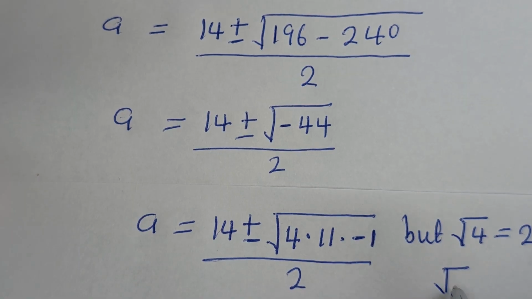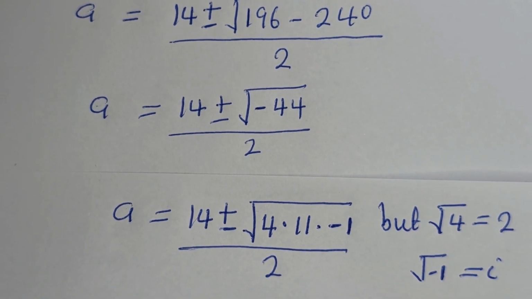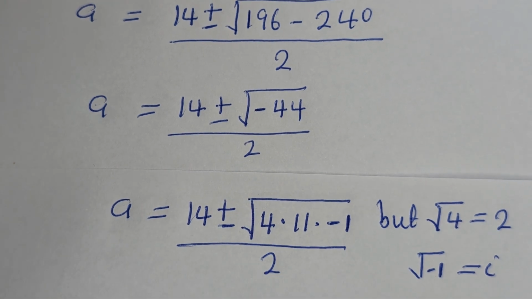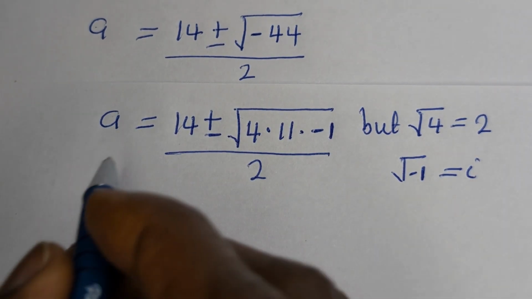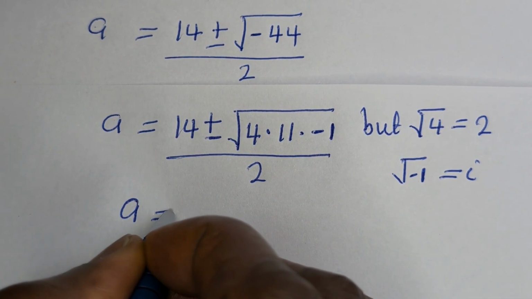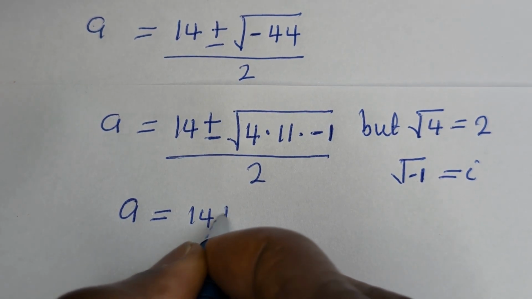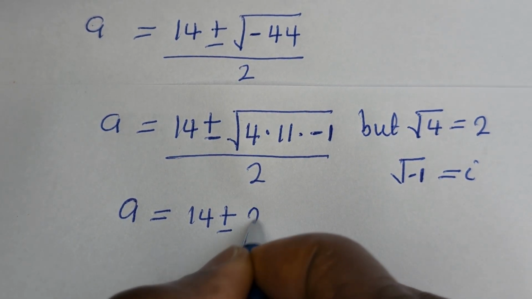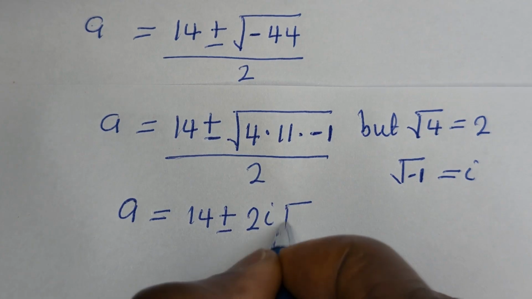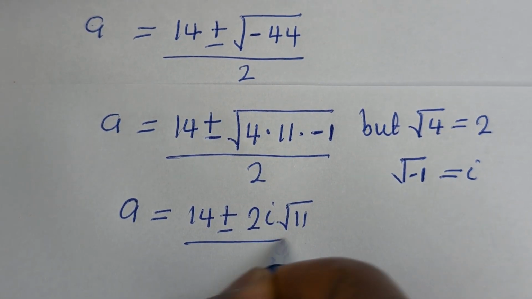Then square root of minus 1 is equal to I. Then this can be written as A is equal to 14 plus or minus 2I square root of 11 over 2.